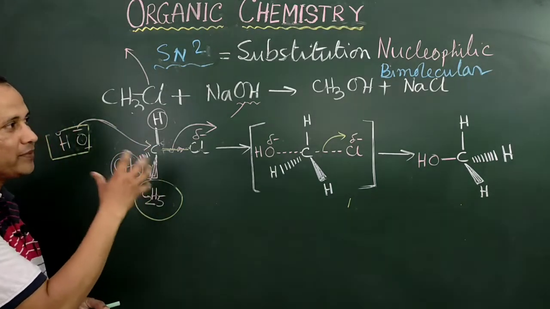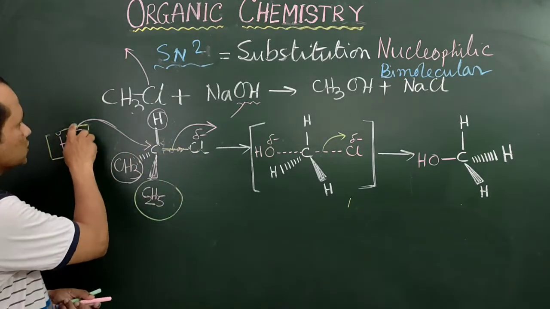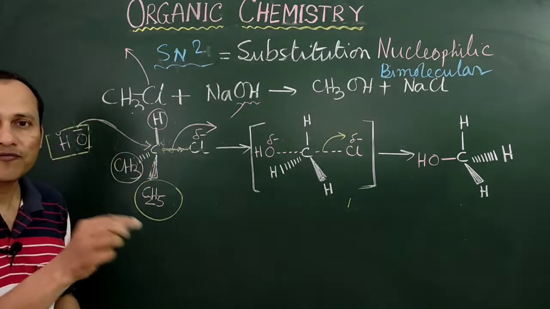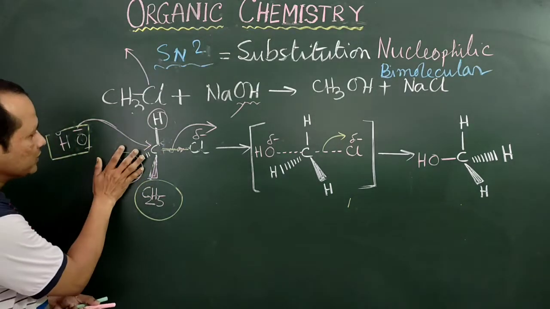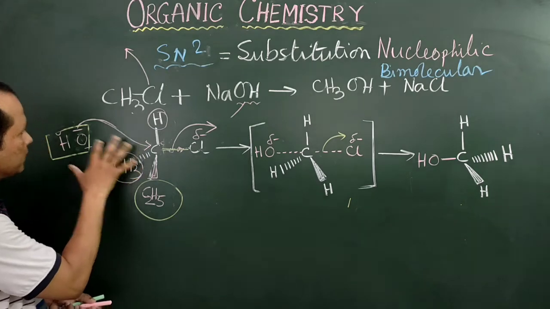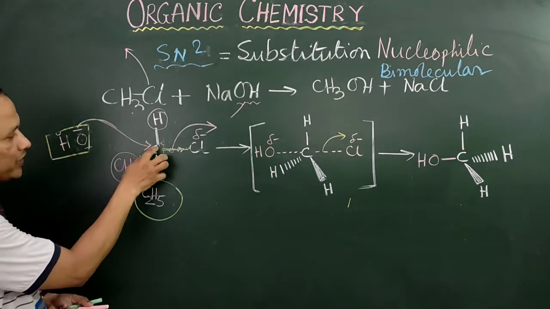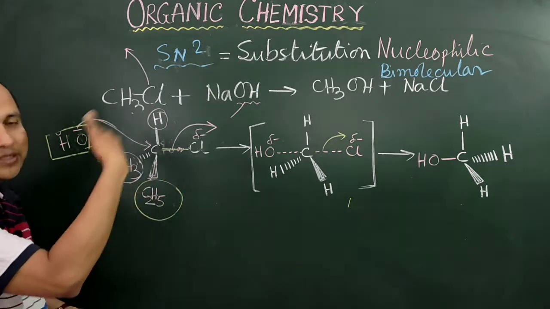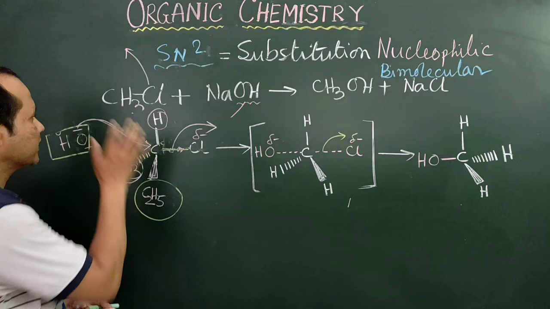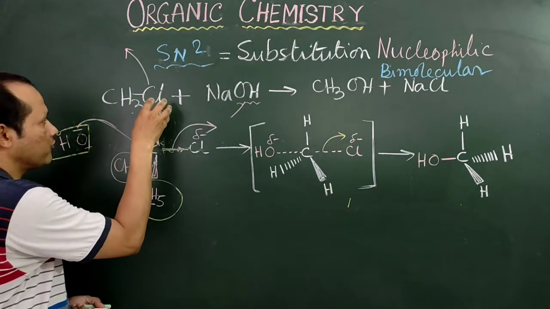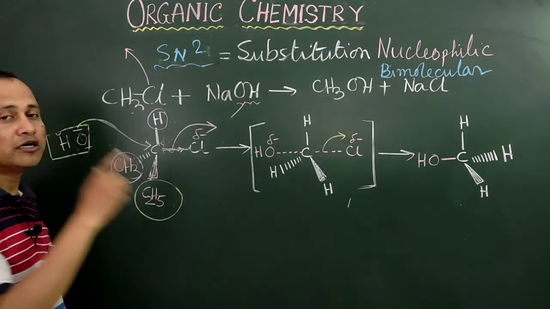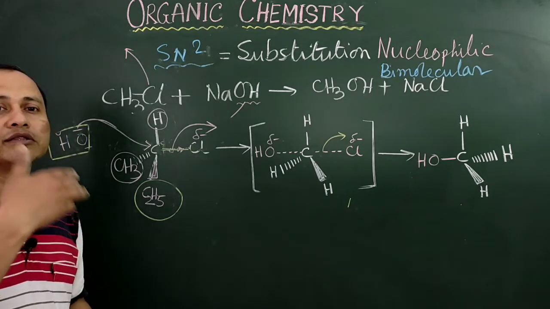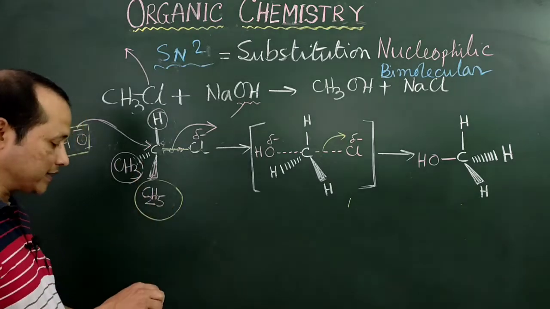This and this will be the hindrance for this one to reach here, so it will not be able to reach here freely. Now if we increase the size of this group, it will be more hindered. So the greater the size of this and this, the lower will be the rate of the reaction.